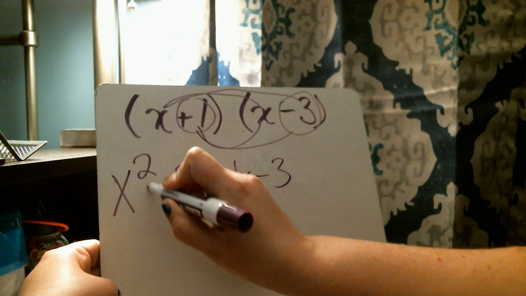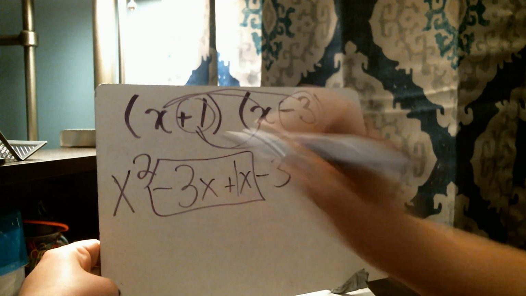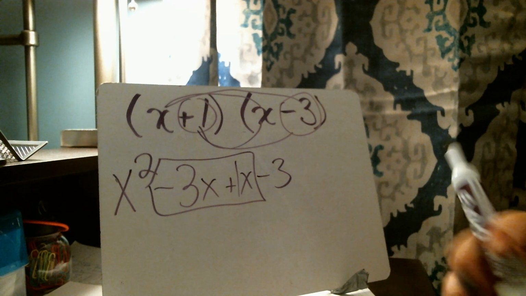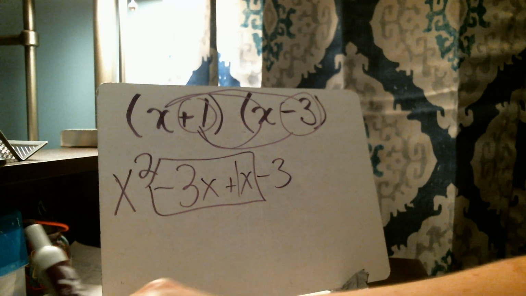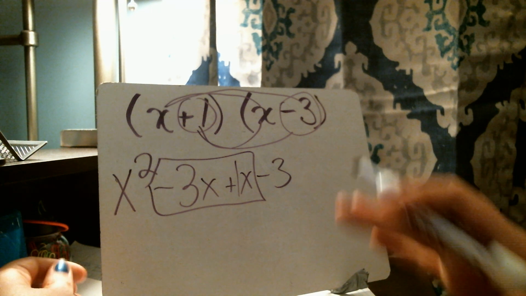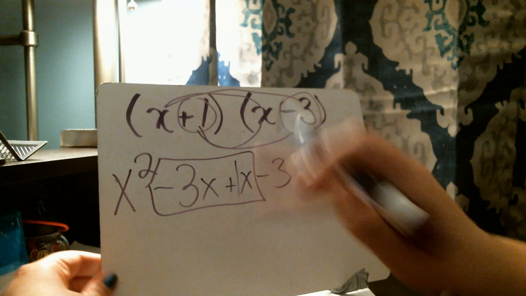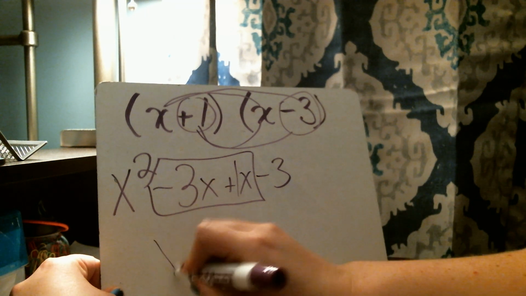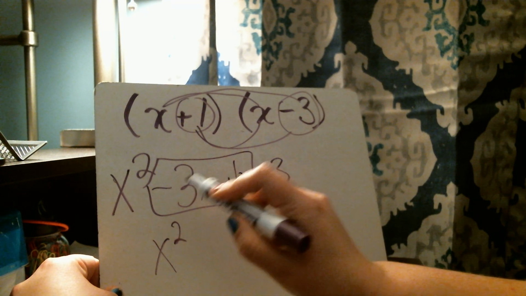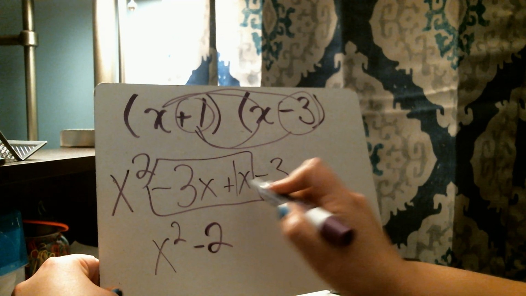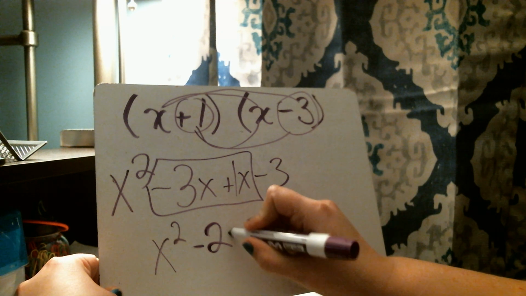So when we combine these, the two middle terms will usually combine. I'm going to say usually because I don't want to say always, because if I say always, I'm going to prove myself wrong. But today, they will always combine the two middle terms. So x squared, and negative 3 plus 1 is negative 2. See how we can combine those because they are like terms.